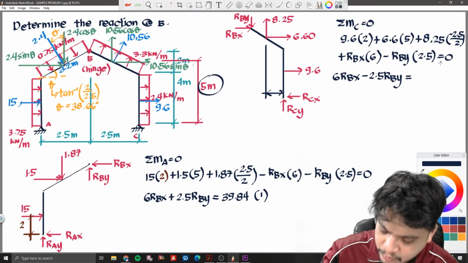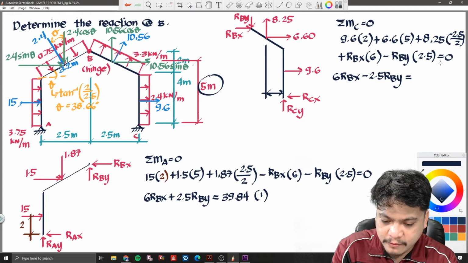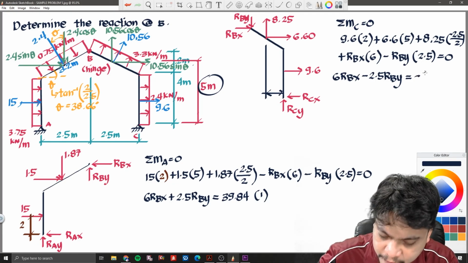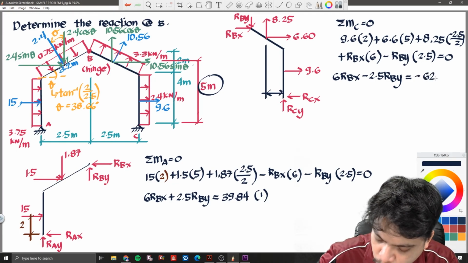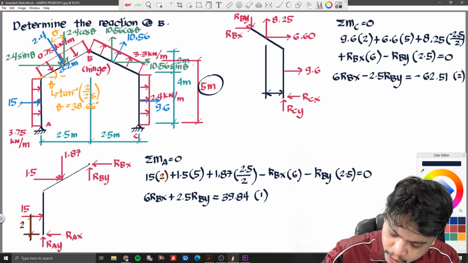Okay, equal to, so the rest, ilipat ko sa kabila. So, that's 9.6 times 2 plus 6.6 times 5 plus 8.25 times 2.5 all over 2. Okay, so you will be having here negative 62.51. Okay, so this now would be your equation 2.